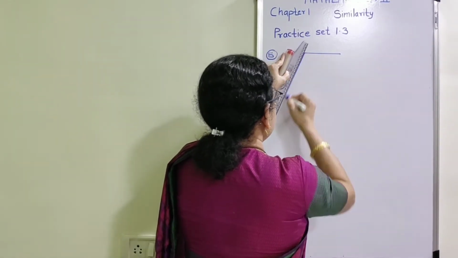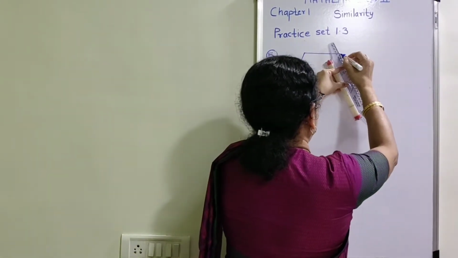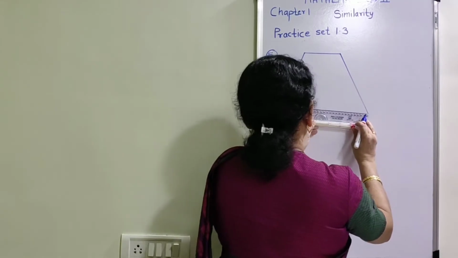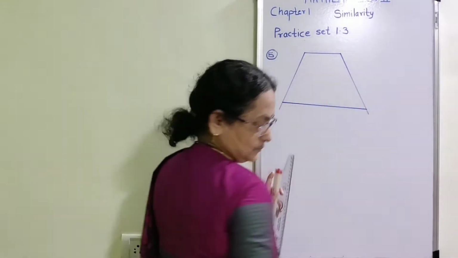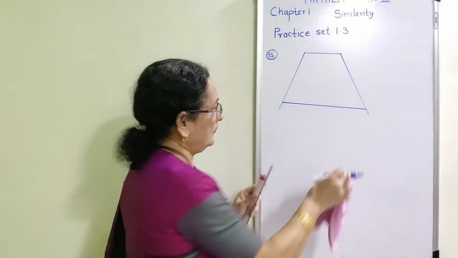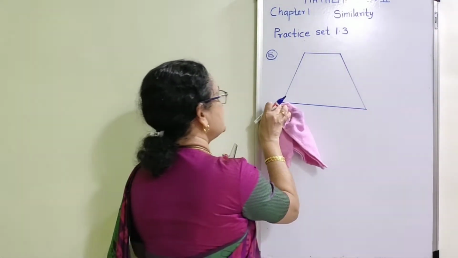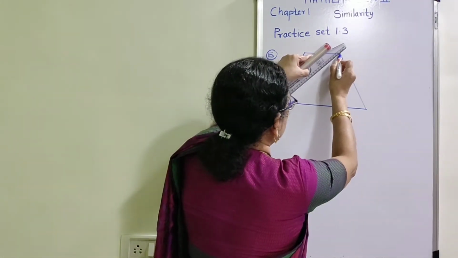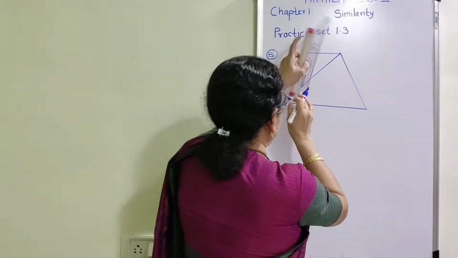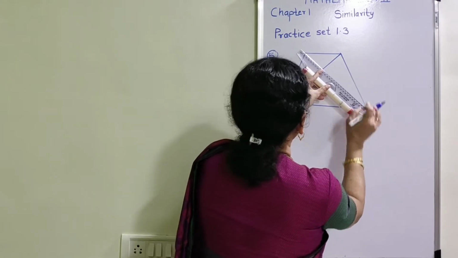A trapezium is given, and both of its diagonals are given. I am going to draw the first diagonal, and this one is the second diagonal.